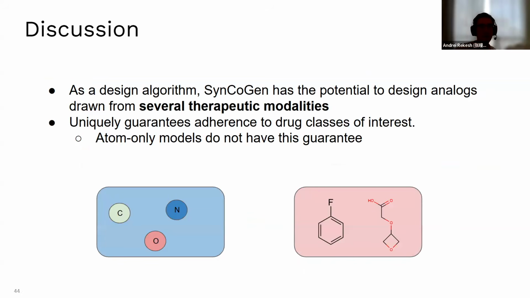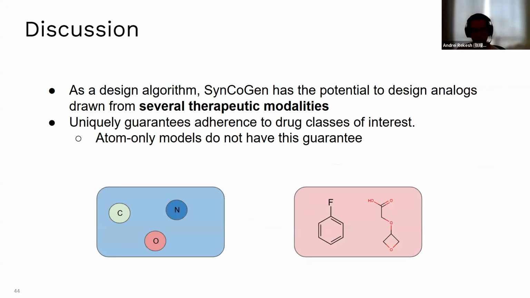So SynCoGen, I think, has the potential to design analogs that are drawn from several therapeutic modalities. And the key thing here is that it uniquely guarantees this sort of adherence to whatever drug class we're interested in given our data set.